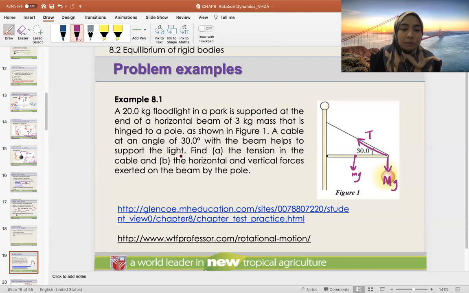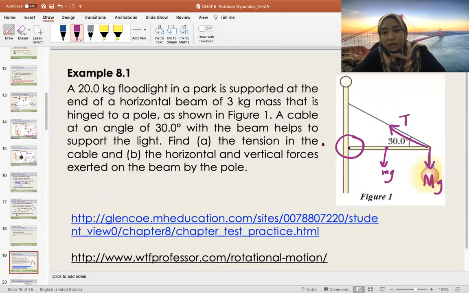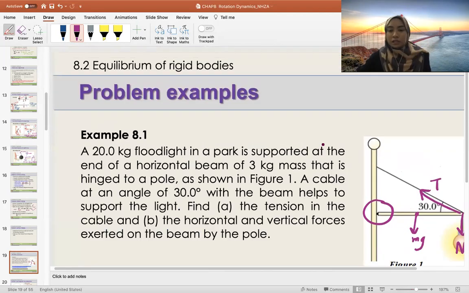With the beam helps to support the light. Okay, so it says that it's not moving, right? It doesn't say that it's moving because obviously why would it move? It needs to be static because it's a light, right? And then one more thing, we have R because that is our axis of rotation. And if you didn't notice, this is where gambar ni tunjuk lah ada axis of rotation dia.